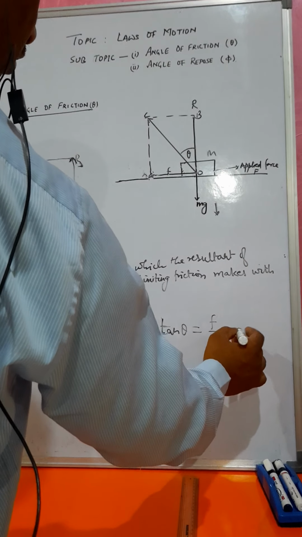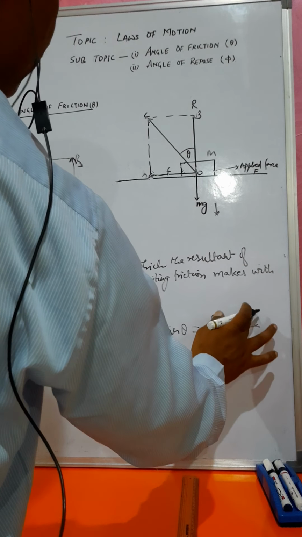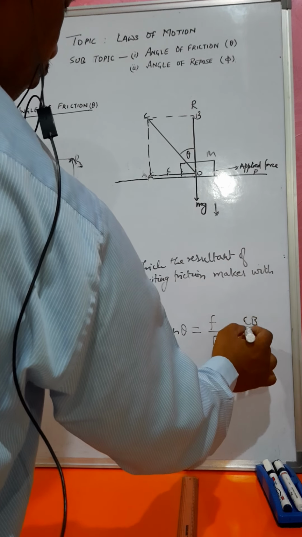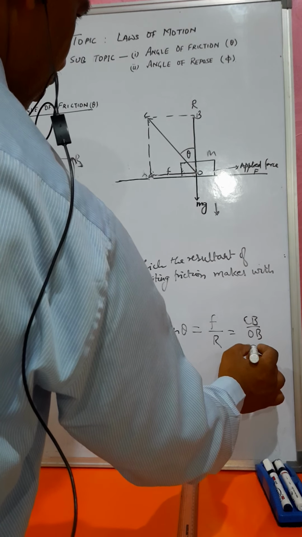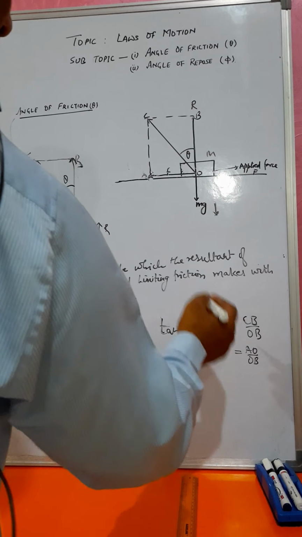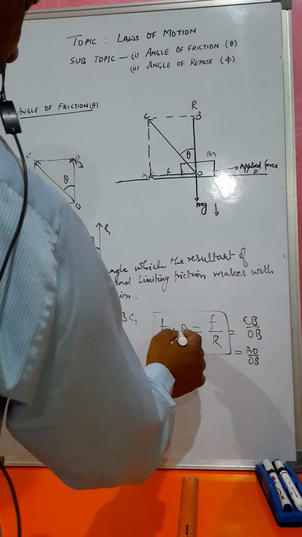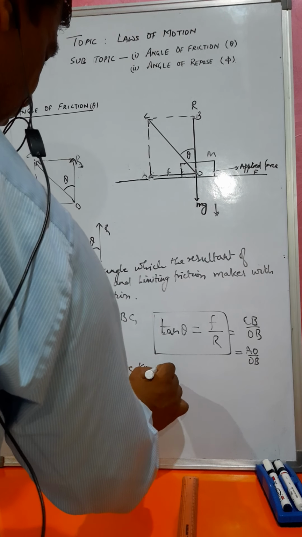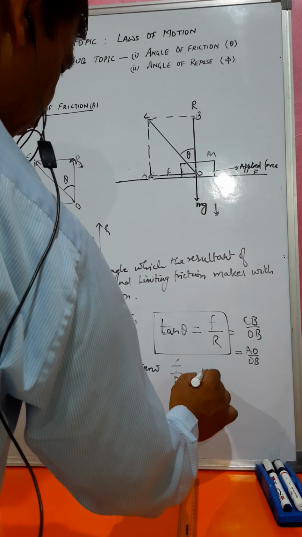That means this is equal to CB by OB, or CB is equal to OA or AO by OB. So this is equal to F by R, and theta is the angle of friction, and F by R we know as mu, the coefficient of friction.